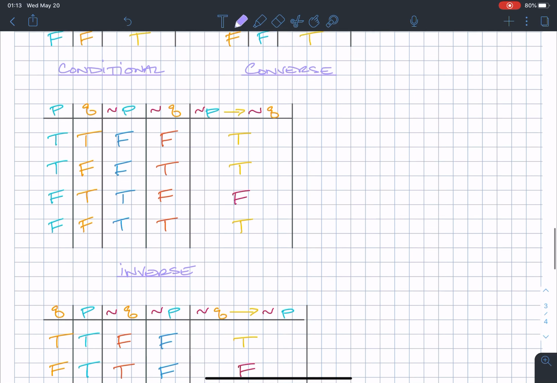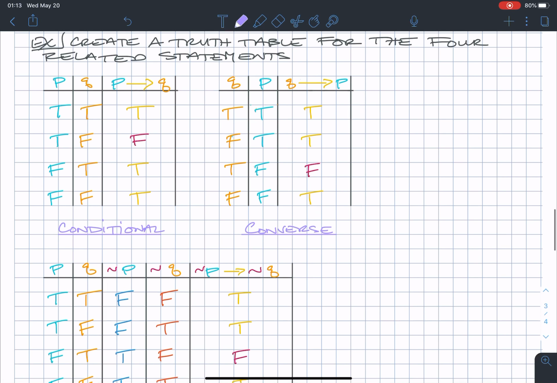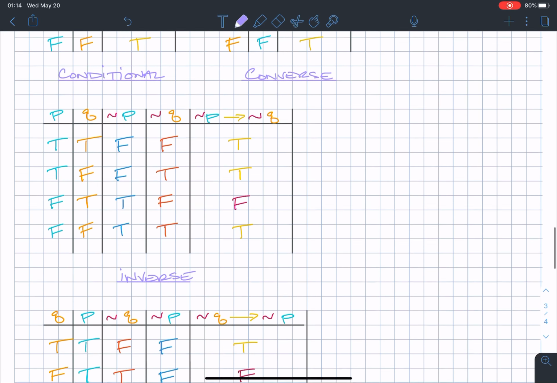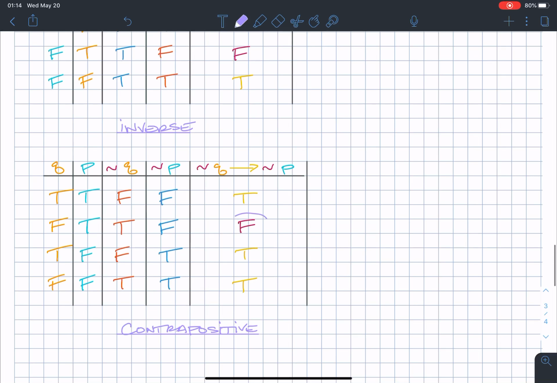Okay, so let's look at these truth tables. For the conditional, the false is in the second place, as it is for the contrapositive.